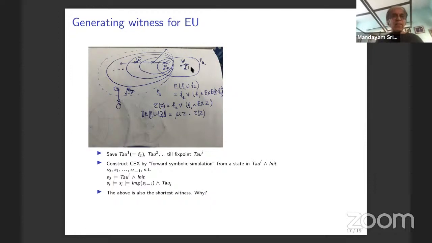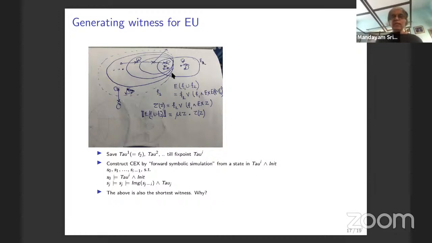When you reach your fixed point, you want to get a state in that fixed point and then extract a path originating from it that leads you to F2. That is what I call a witness to E F1 until F2.